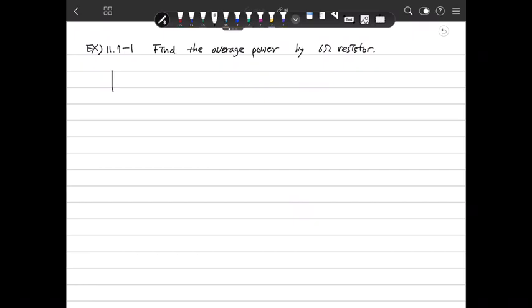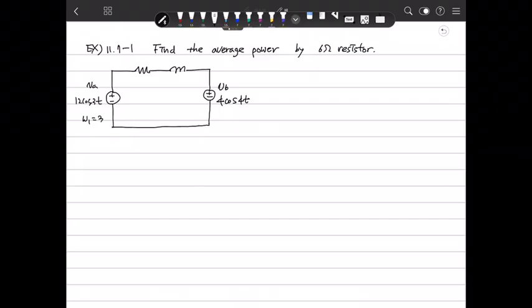So we have a circuit here with a source, 12 cosine 3t, a resistor and inductor, and we have another source here, with 4 cosine 4t. So omega 1 is 3, omega 2 is 4.